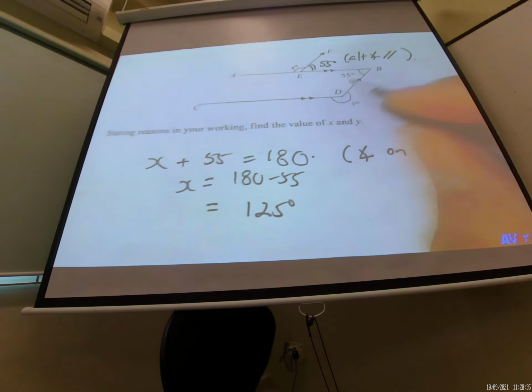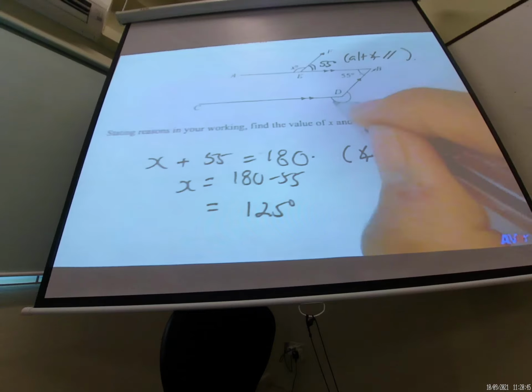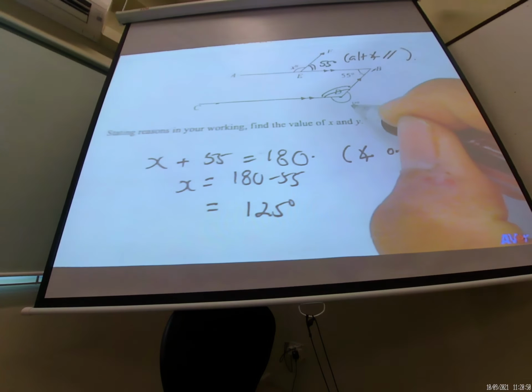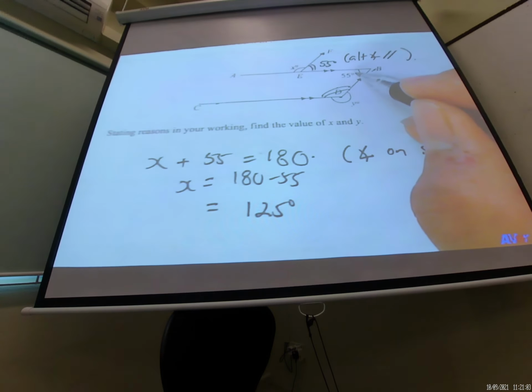Okay, then we want to find y. Then of course the angle that is related to y will be this angle BDC. If we know this angle, we can find y, because this angle plus y is one whole circle, one whole round. One round is 360 degrees. Then do we know this angle? It's not given, but we know here is 55. Here we have parallel lines.